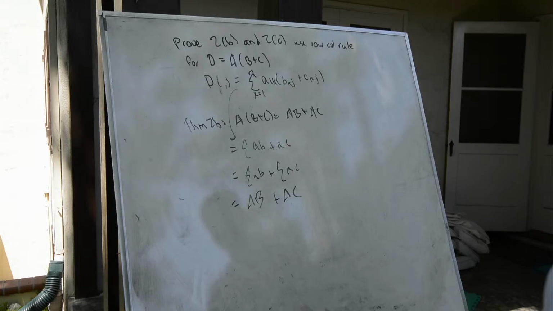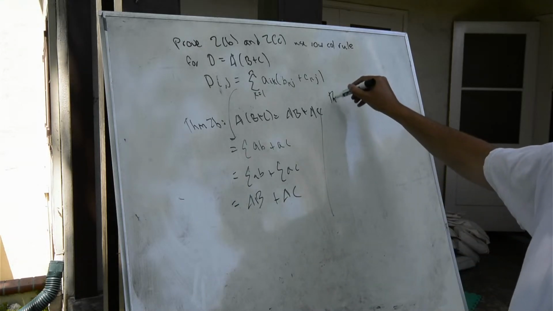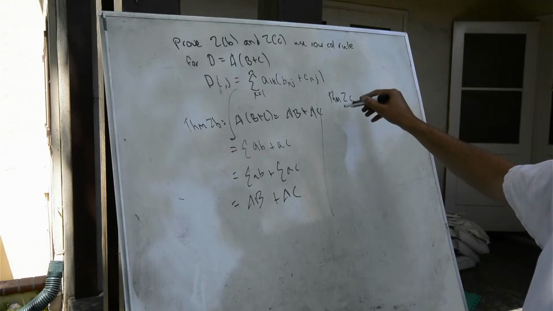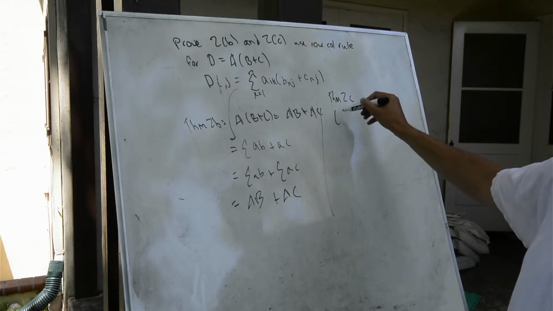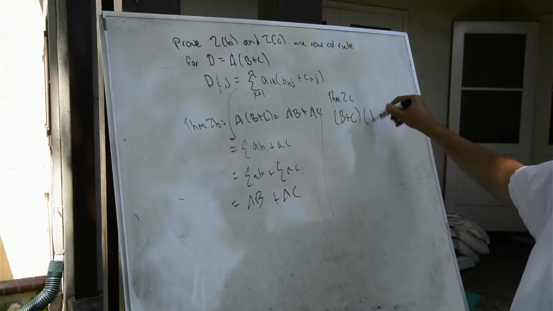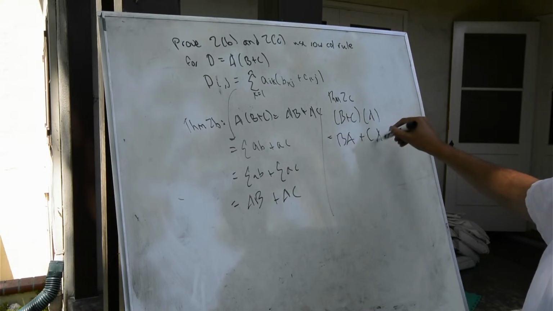Now the next one, 2C, is that (B plus C)A is equal to BA plus CA.